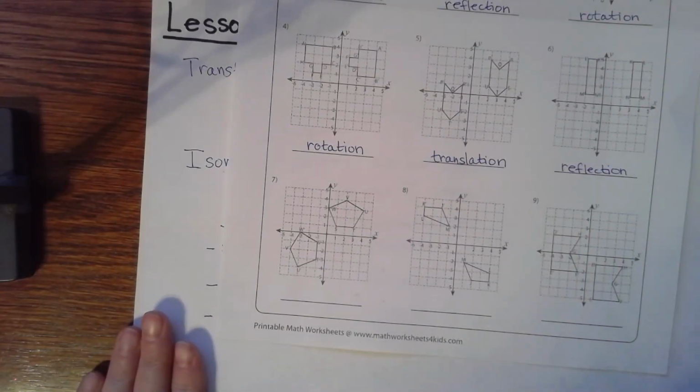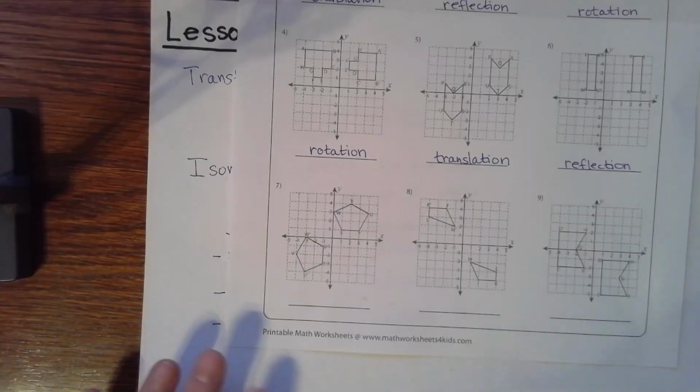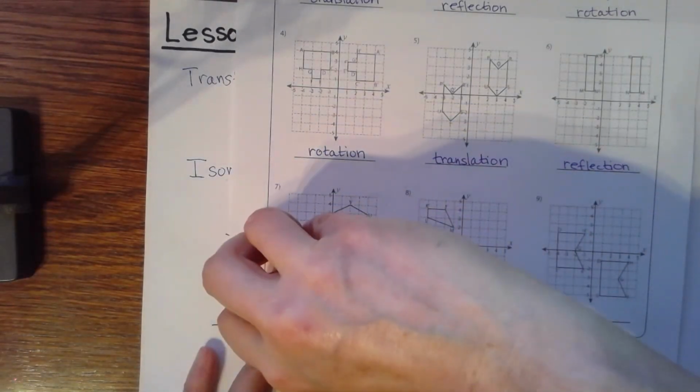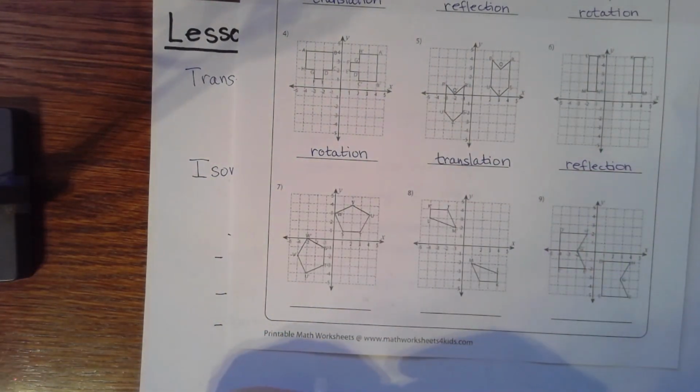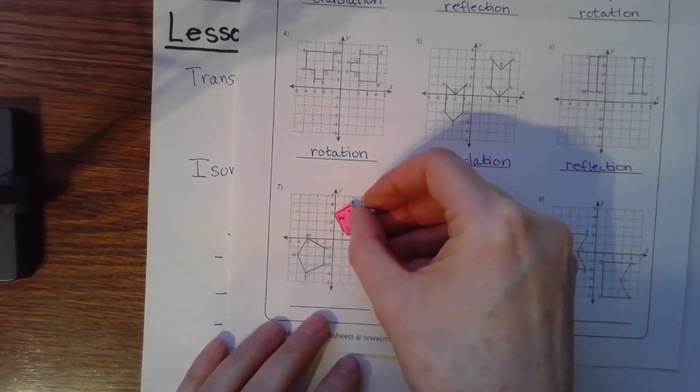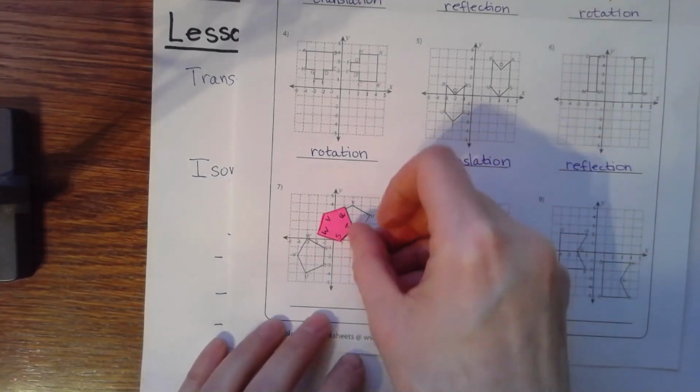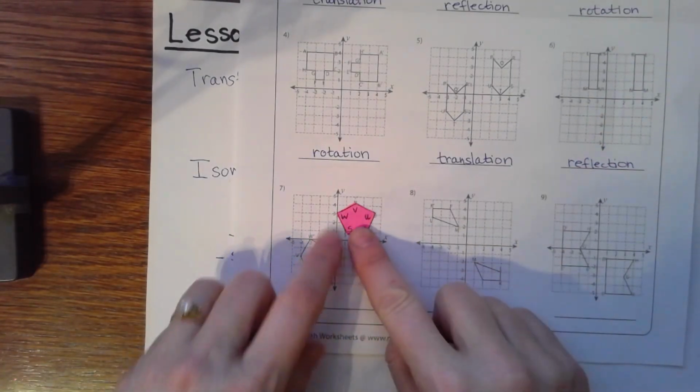Okay, number 7. This one is also a little bit tricky. When you look at that, you might think, oh, they just took it and turned it around. It's a rotation. I made myself a little one so we could look at this and see. Notice I have my W, my V, my U on there.